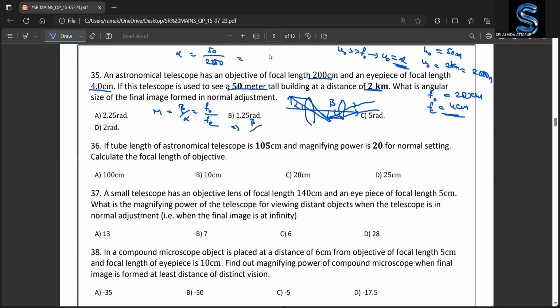So we get 1 by 40 as the value of alpha, the angle made by the object with respect to the objective lens. Then beta by 1 by 40 is equal to the focal length of the objective lens, 200, by the focal length of the eyepiece, 4. Simplifying, we get beta equals 1.25. So the option is B.